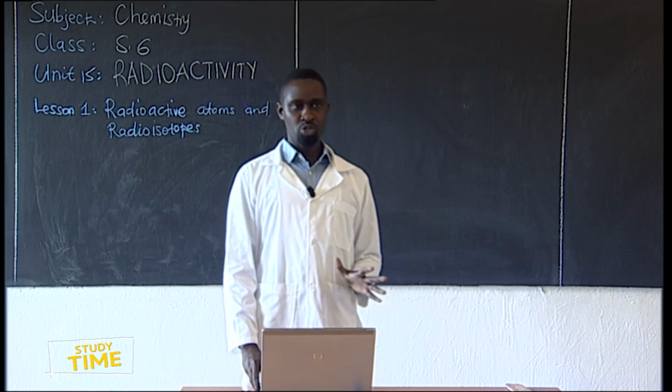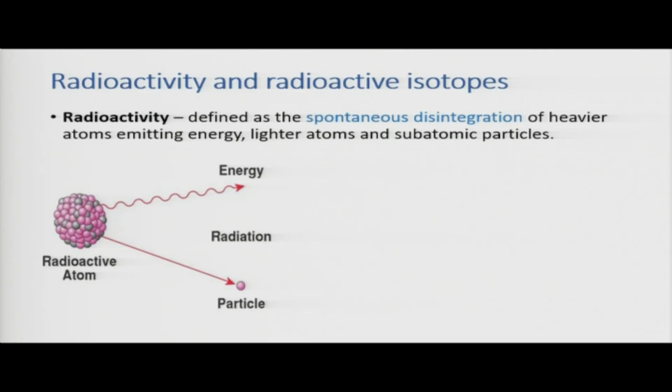This is a quick illustration of radioactivity. When you have a radioactive atom, it will disintegrate some part, releasing energy, radiation, and particles. Radiation is actually not visible. You can hardly see it with our naked eyes, but it's always there. When we talk of energy, at least you've always heard of uranium and nuclear weapons.